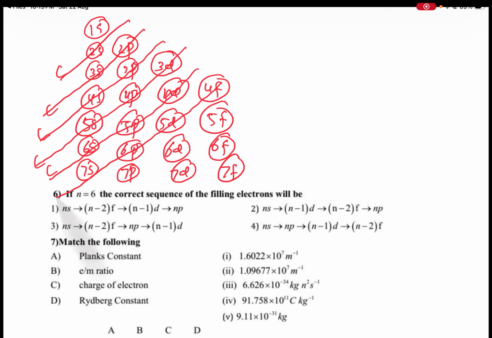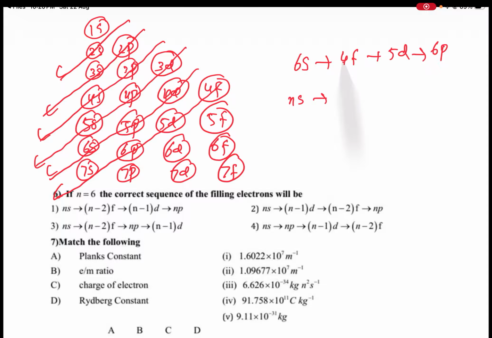6s. Here n is equal to 6, that means the electron first enters into 6s, later on 4f, later on 5d, next 6p. So this is the order of entry of electrons. 6s means ns orbital.